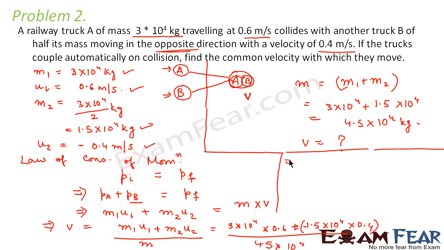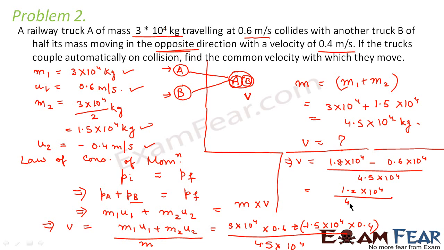So now v will be equal to 1.8 × 10^4 minus 0.6 × 10^4, divided by 4.5 × 10^4. This will be equal to 1.2 × 10^4 divided by 4.5 × 10^4. So this will cancel and we get this value as 0.27 meters per second.